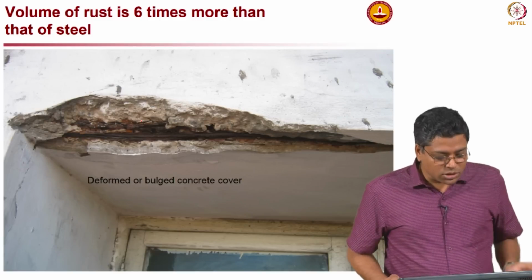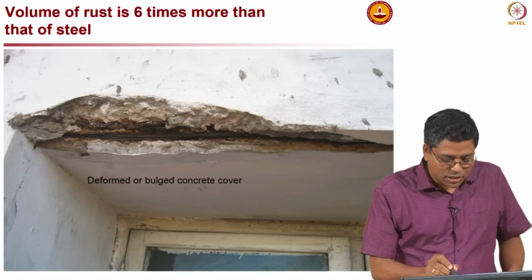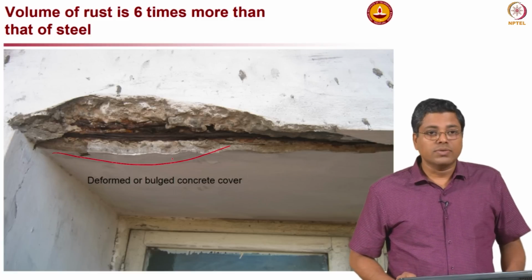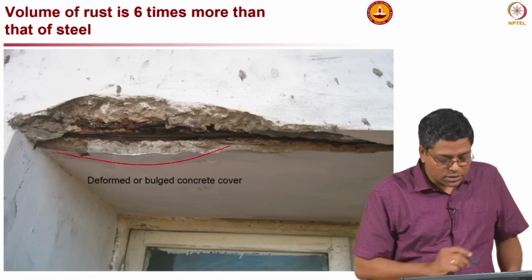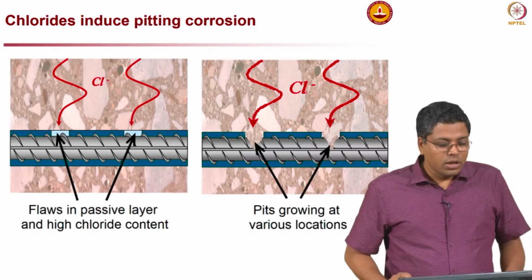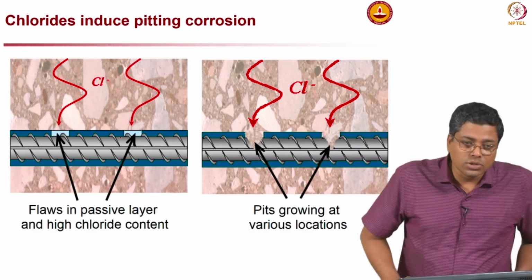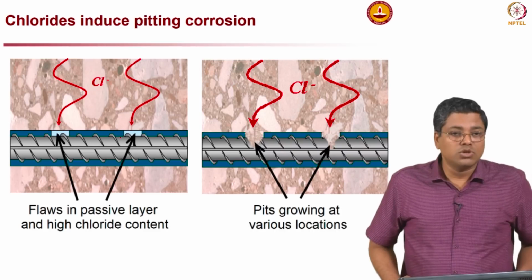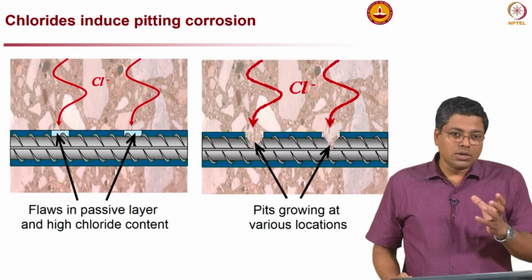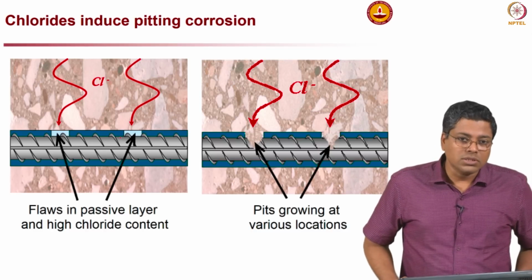Now, in this picture you can very clearly see a lot of bulging of the concrete over here. The concrete is bulged because of the expansive forces from the steel inside. Okay. Now, another very peculiar phenomenon of chloride induced corrosion is that it leads to pitting corrosion, which means the corrosion is very localized and you can have pits formed on the steel surface.